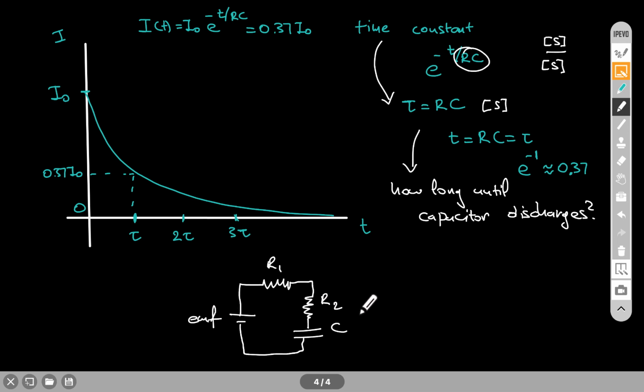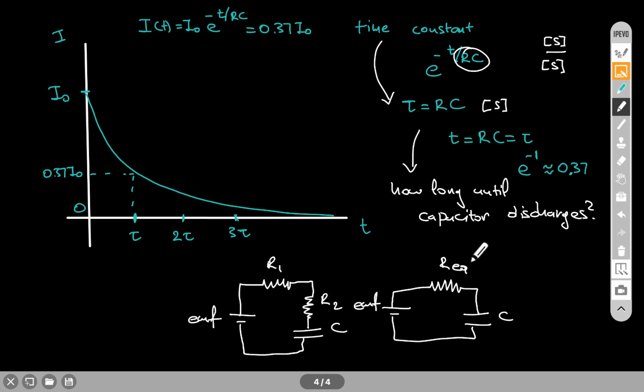In order to find the RC, I'm going to need to transform that circuit to essentially this one. This is C. Let's call this the R equivalent, and this will continue to be the EMF. I'm charging the capacitor here.